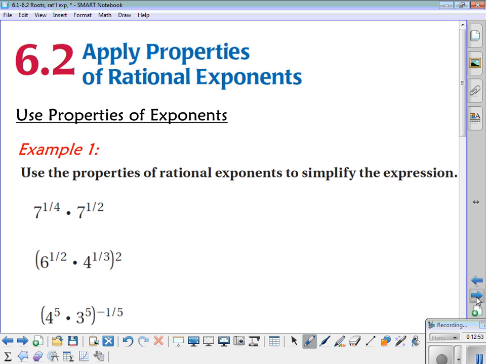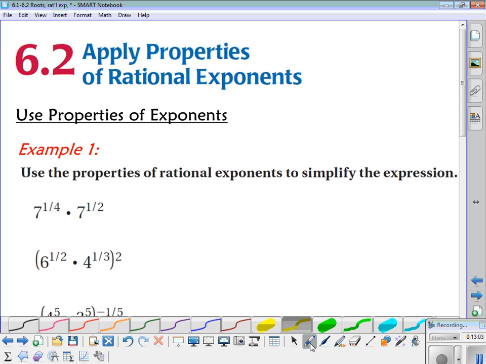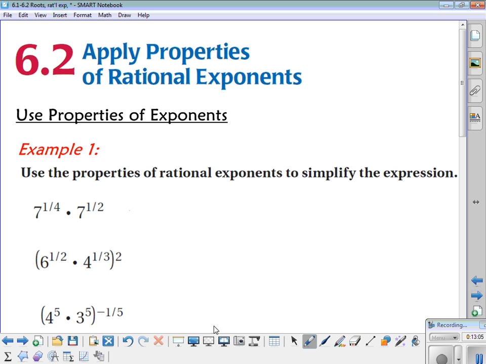So when I have two powers that are being multiplied together, who remembers what we do with the exponents? You add them together, yes. So we would have 7 to the 1/4 plus 1/2. What is 1/4 plus 1/2? 3/4.